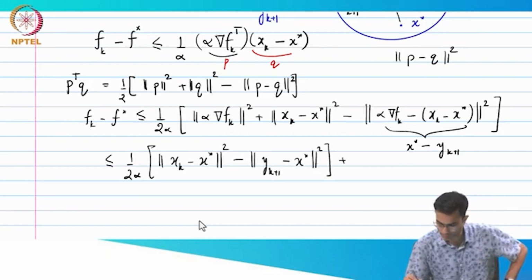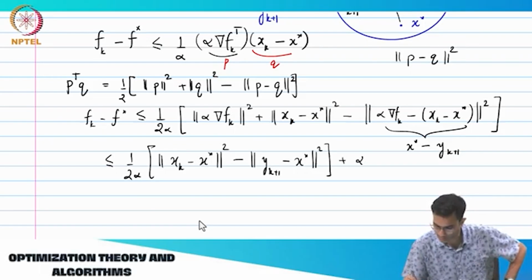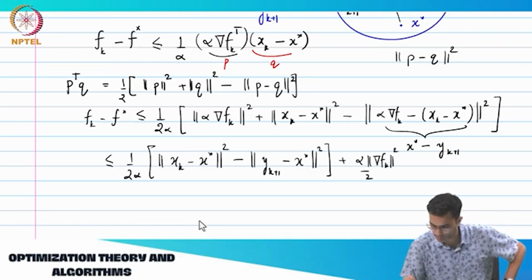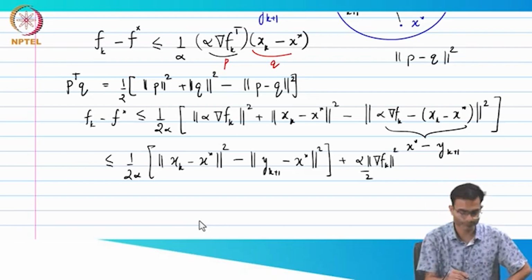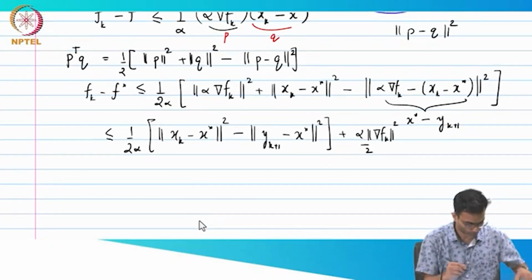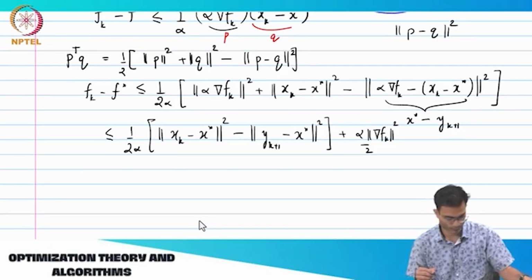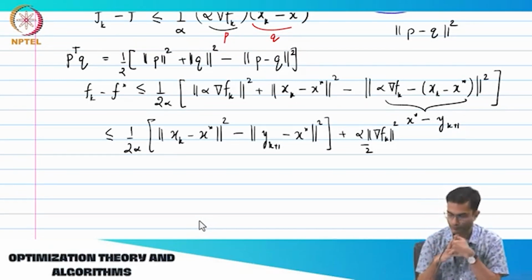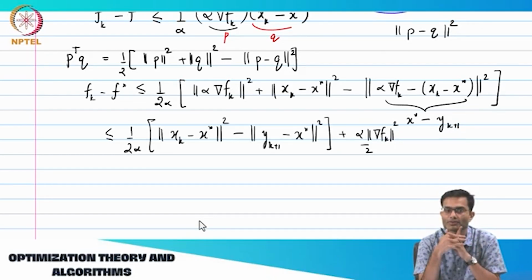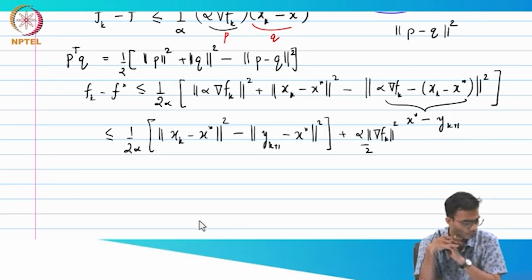And this is a positive term, so this is going to be alpha grad fk squared by 2, right? Are we in a position now to telescope the series? Not yet. I still have my yk plus 1 sitting there, right?